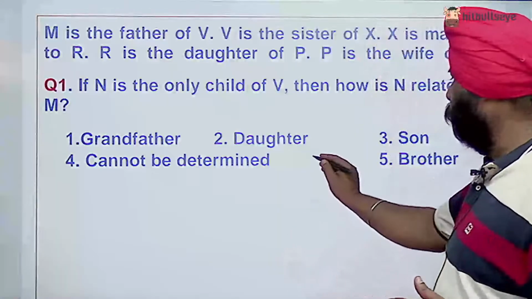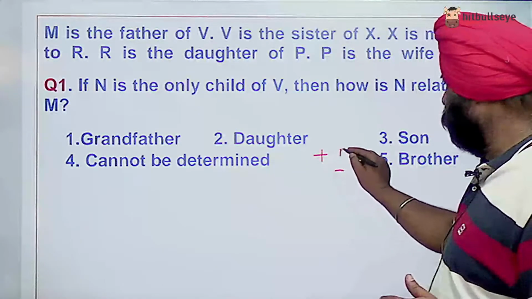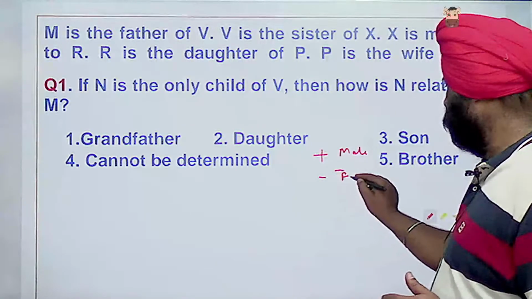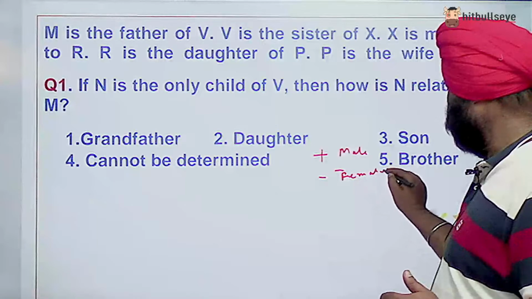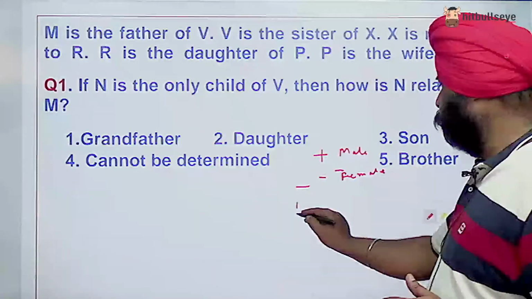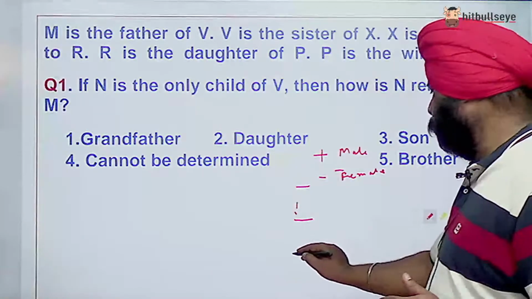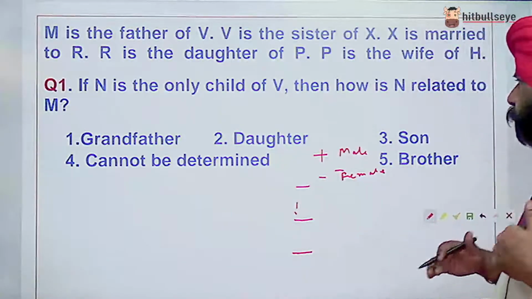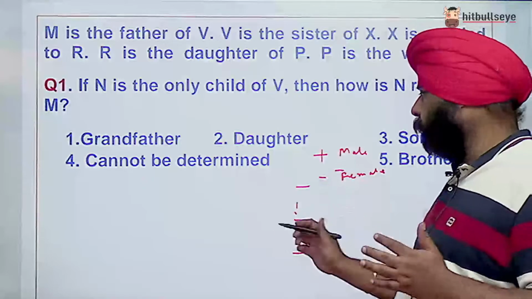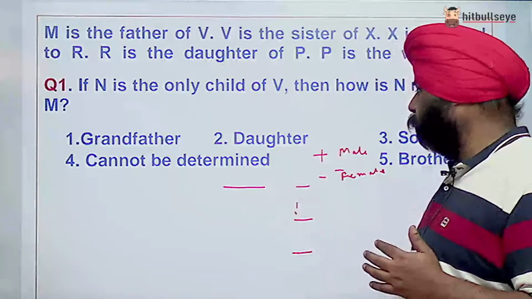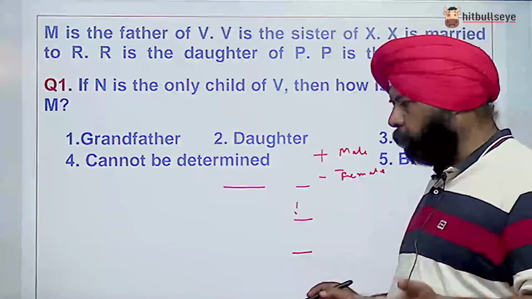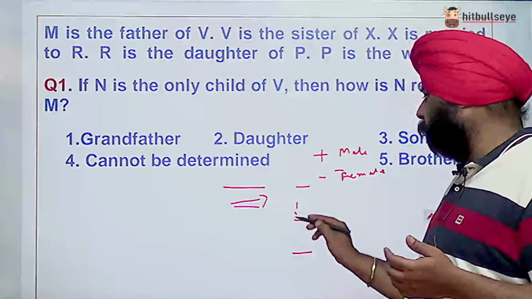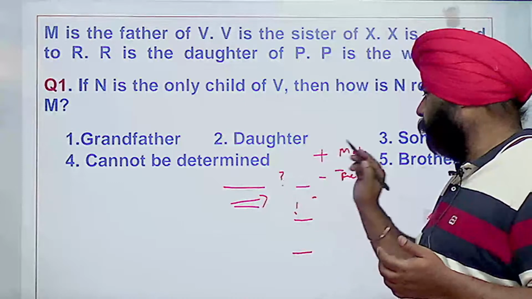Gender plus stands for male, minus stands for female. We will move in generations, so the upper generation will be at the upper end, lower will be lower, and third lower is at the third lower end. Siblings are shown by single lines and couples are shown by double lines. The gender of which is not known will be shown by a question mark.